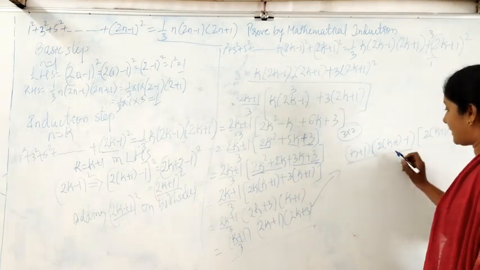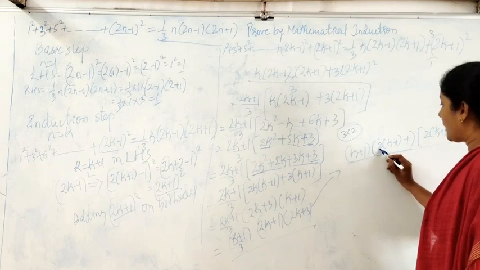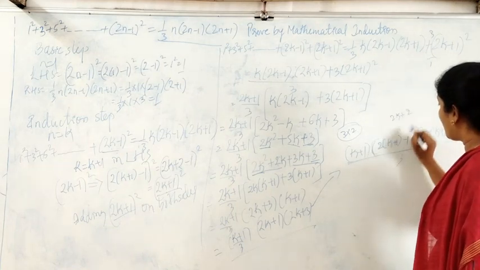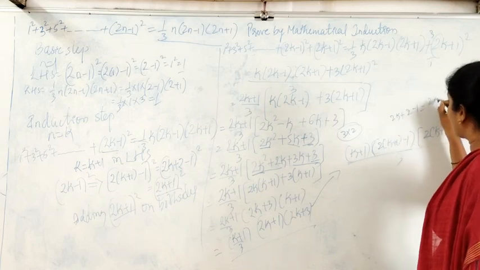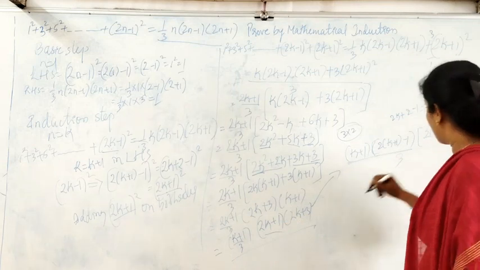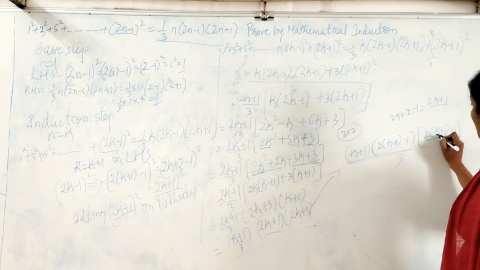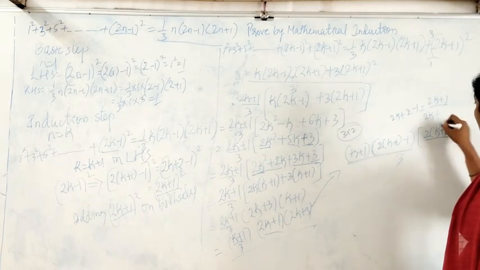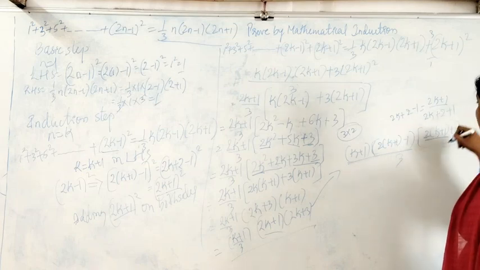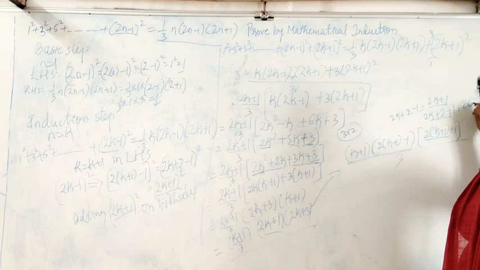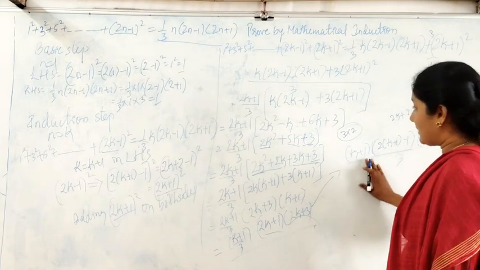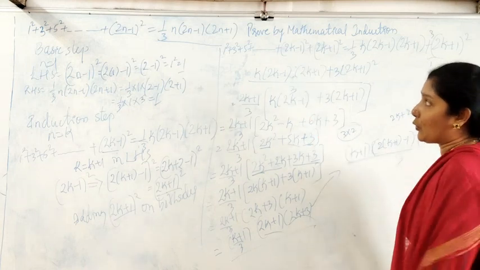See, if you compare this, what I have written here, 2k plus 2 into 1, 2 minus 1, that is nothing but 2k plus 1. Okay. Next, see this one, 2 into k, 2k plus 2 into 1, 2 plus 2, 1. So this becomes 2k plus 3. That is here.